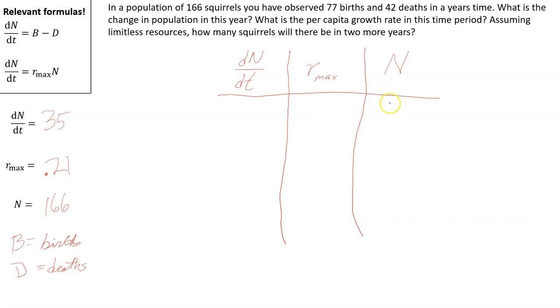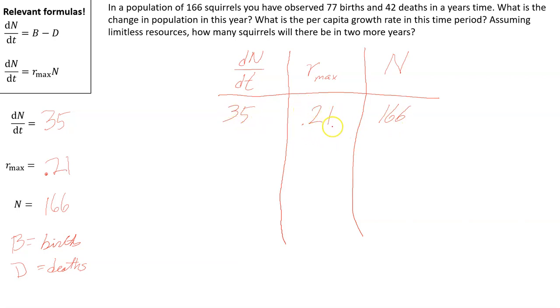Right? So I usually do this in chart form because I think it's easier to understand. So let's go ahead and start. 166. R max is 0.21. dN over dt is 35. Okay. So the first thing, we've calculated this. We know what the population was originally. We know how much it grew by, and we know the rate at which it's growing.